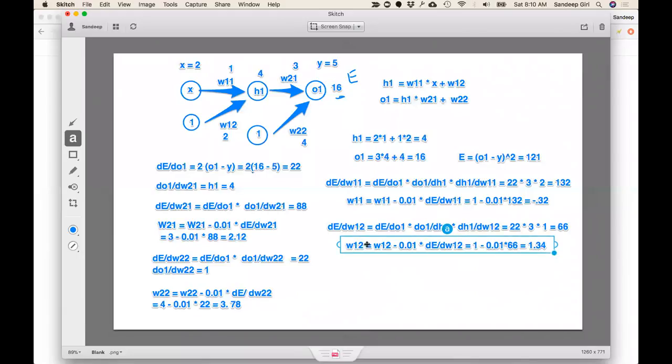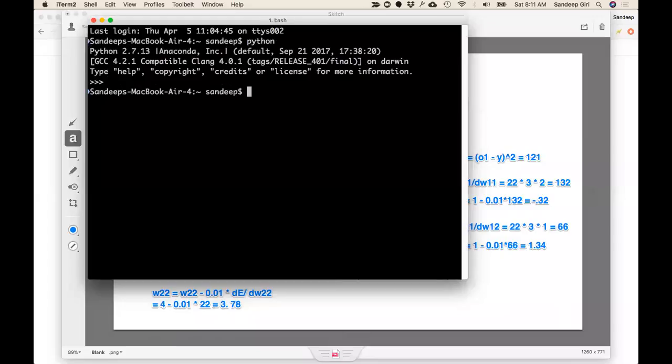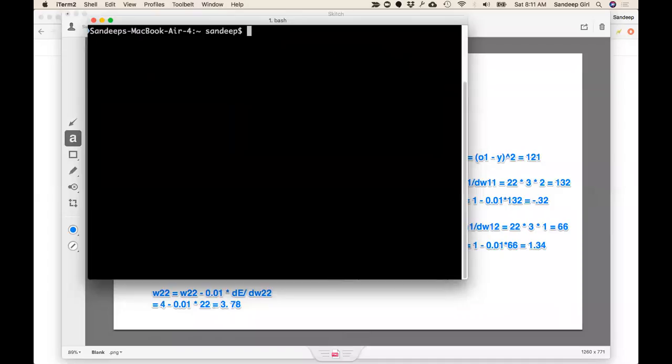So we can recompute our values with this. H1 is equal to W11, minus 0.32, into 2 plus 1.34. Okay, I can actually use Python for this. This one is Python 3, so I'll just use my CloudxLab one.